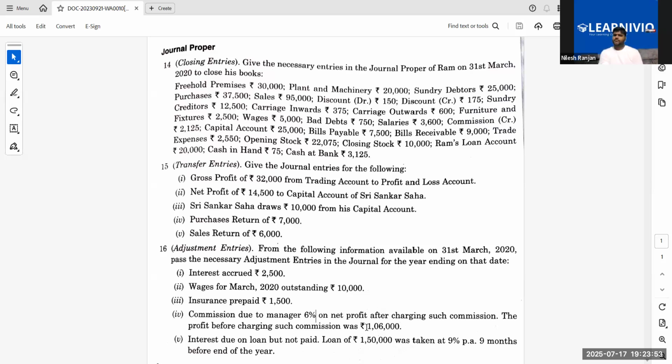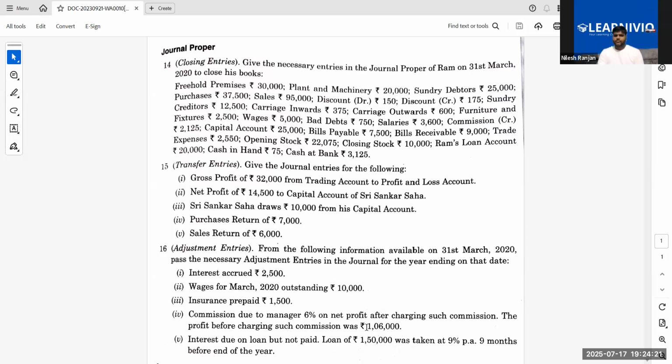Third one, capital account to drawings account. Generally drawing is written as drawing account debit to cash. So drawing is again deducted from the capital. So you can write capital account debit to drawing.